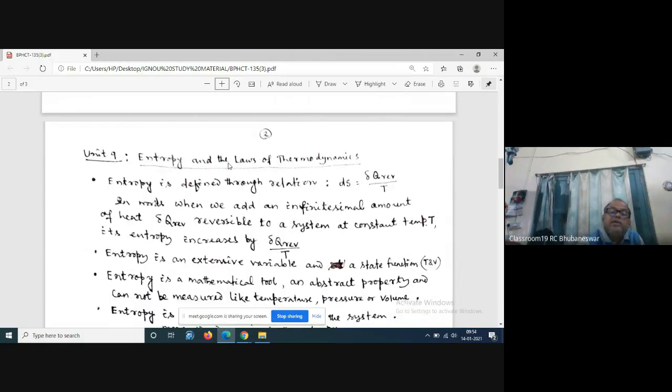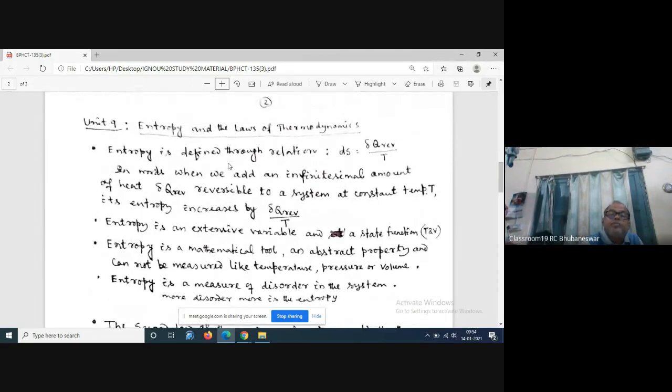Now the next unit is entropy and the laws of thermodynamics. Now see how entropy is defined. S is the symbol for entropy.